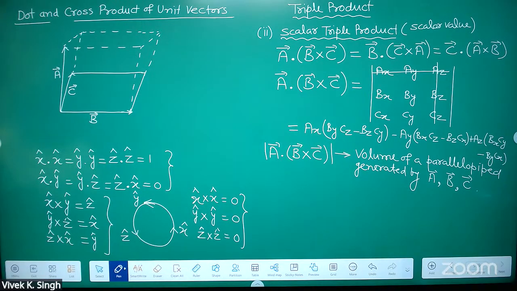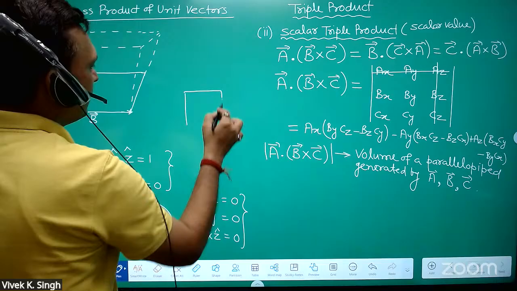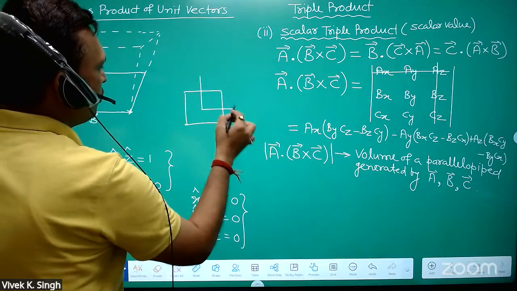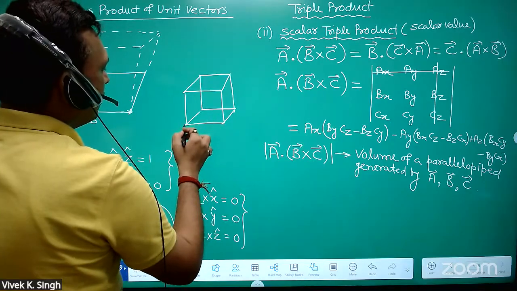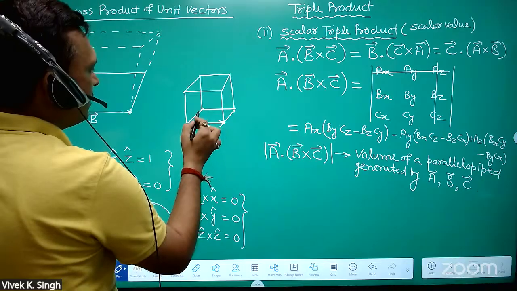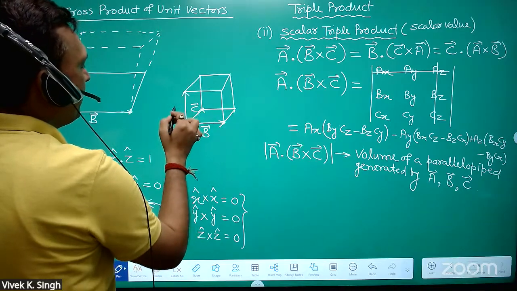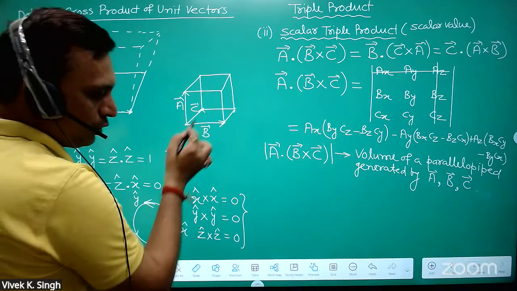This represents a parallelopiped. This is the cube. In this case, let's say this is B, this is C, and they are perpendicular. This is A. So A dot B cross C will give you the volume of a cube.